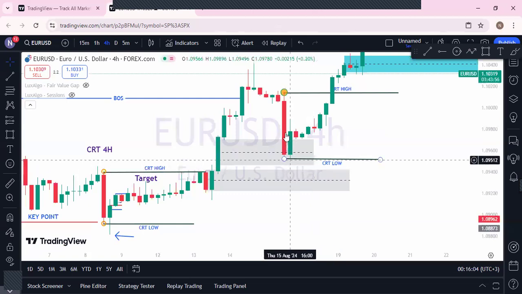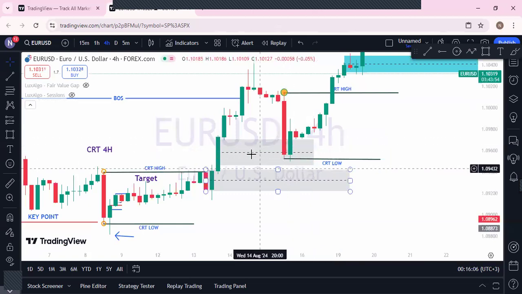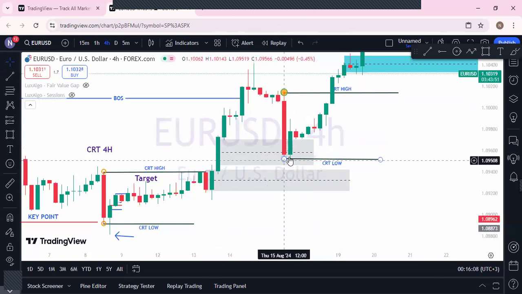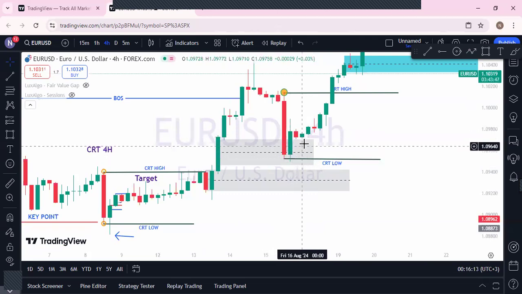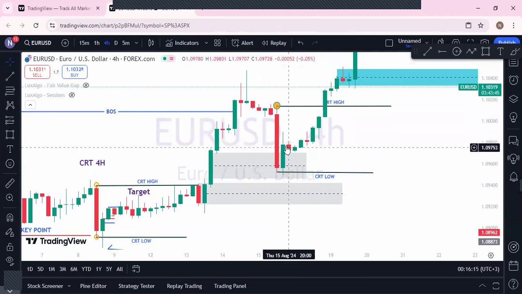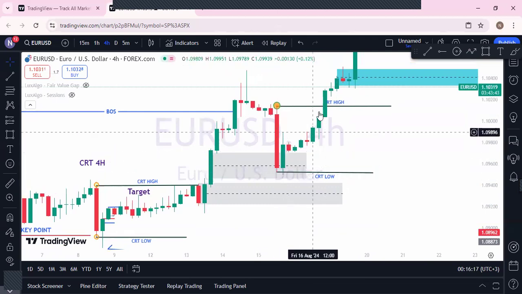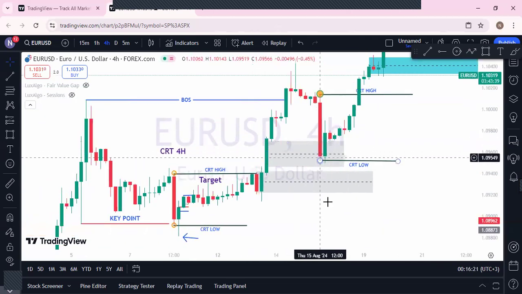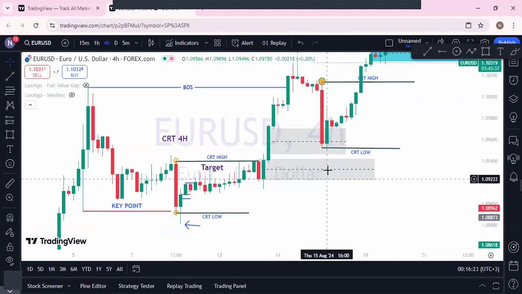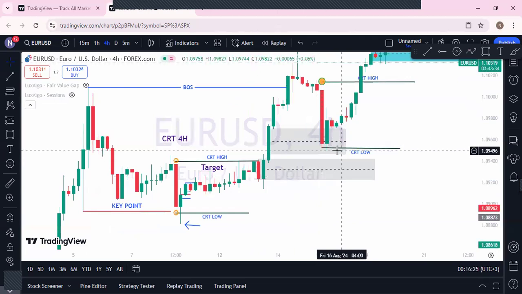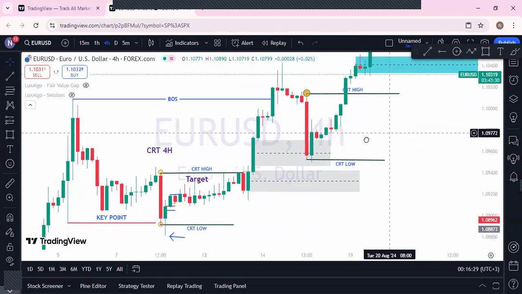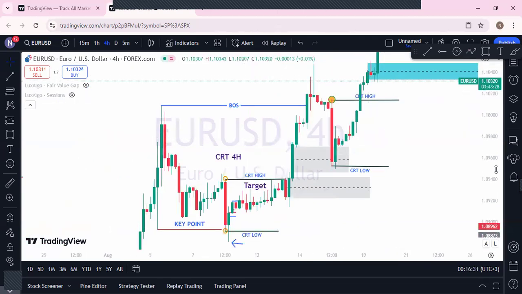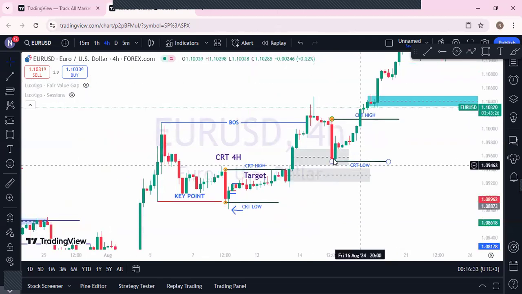So when a CRT candle happens between the fair value gap and closes above, it shows us that the trend has now started going in the opposite direction. These are the key points we were talking about.